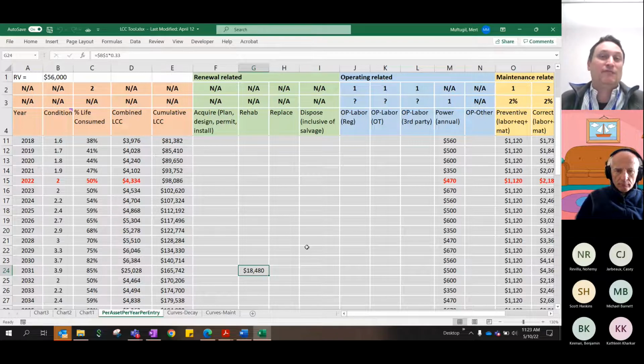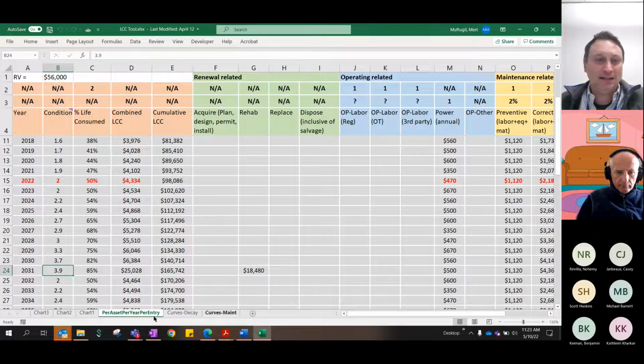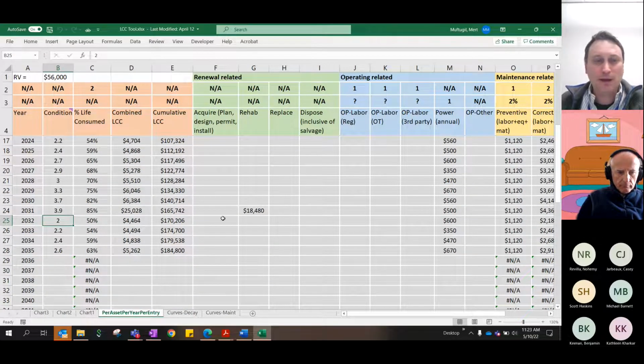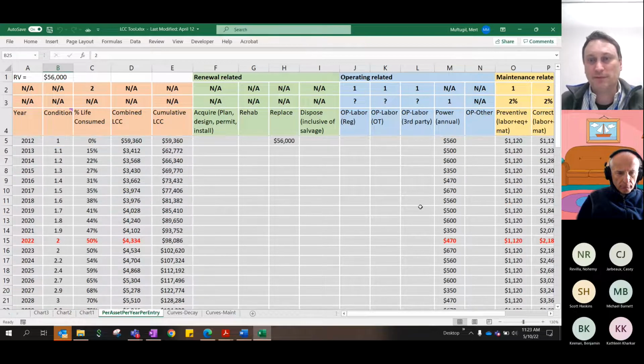But we have like 500,000 assets plus really. So when you add them up and go through this exercise, then it starts making a difference. The point being, the asset ages, it reaches a condition of almost 4, and then we rehab it. We anticipate bringing it to a condition of 2 at that stage, and then it will continue to age from there. The idea again is that as the rehabilitation money is spent, condition is improved, and it will move to a different point on the SDK curve. All right, so those are the renewal related items.